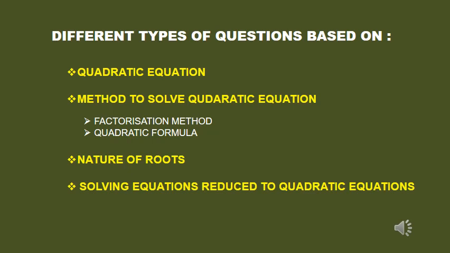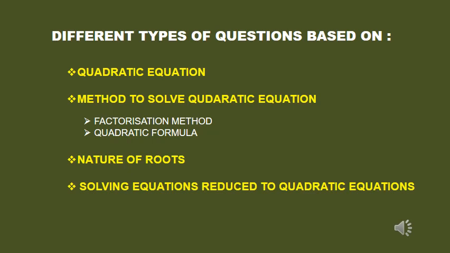Here we have to identify whether the given equation is quadratic or not. Second, to solve quadratic equations by using various methods like factorization method and quadratic formula. After that we'll see questions based on nature of roots, and nature of roots depends on the discriminant.